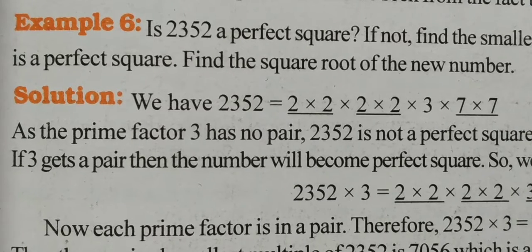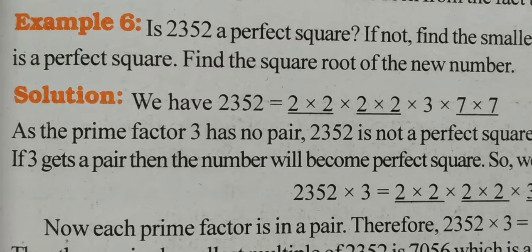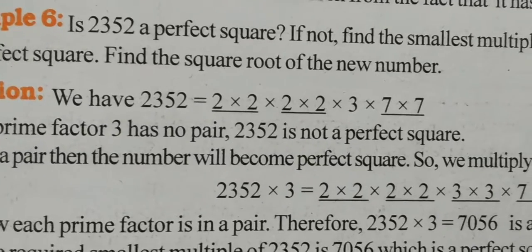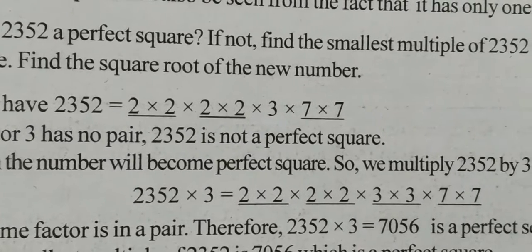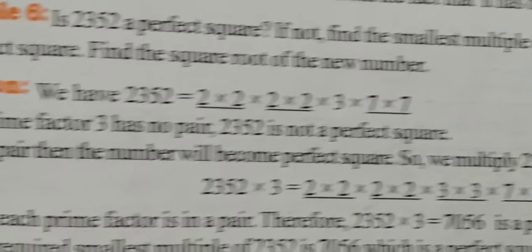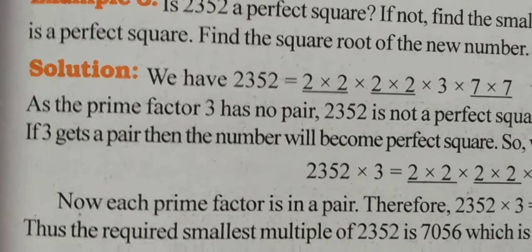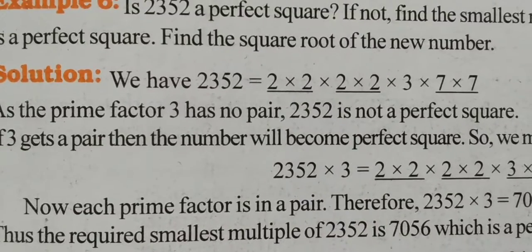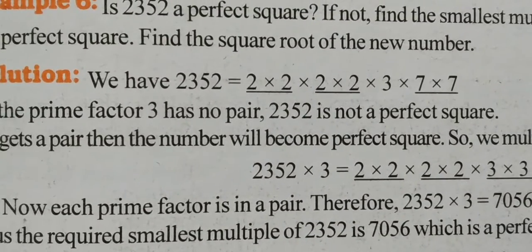I am reading out the question for you. Is 2352 a perfect square? If not, find the smallest multiple of 2352 which is a perfect square. Find the square root of the new number.